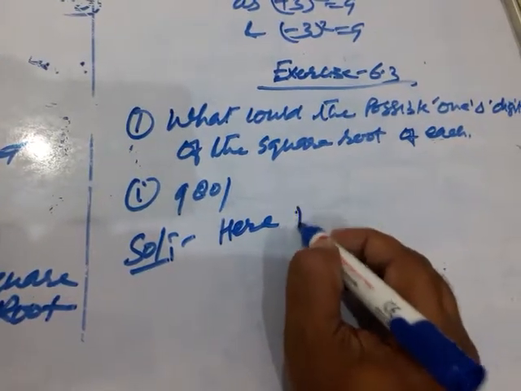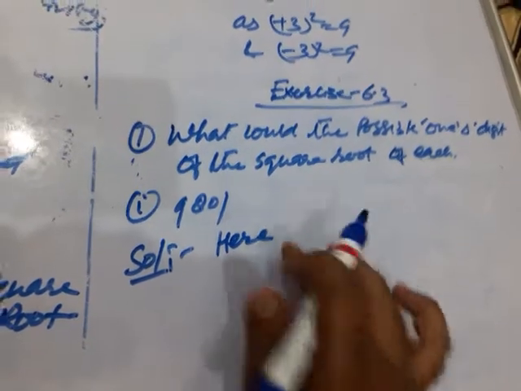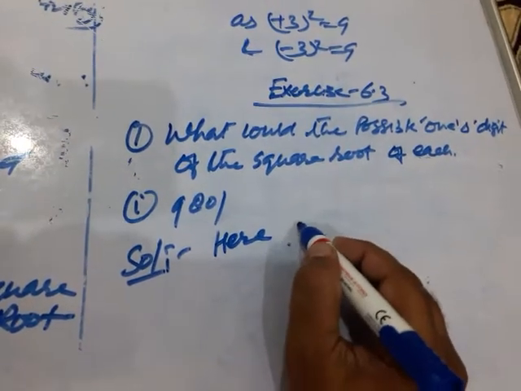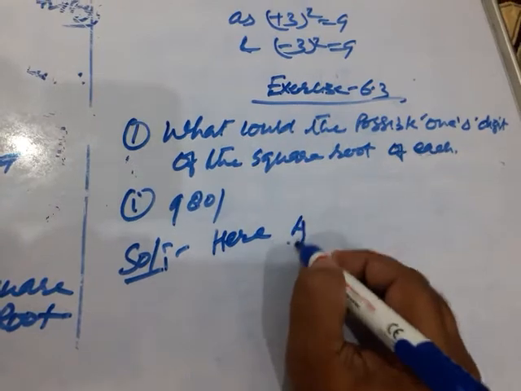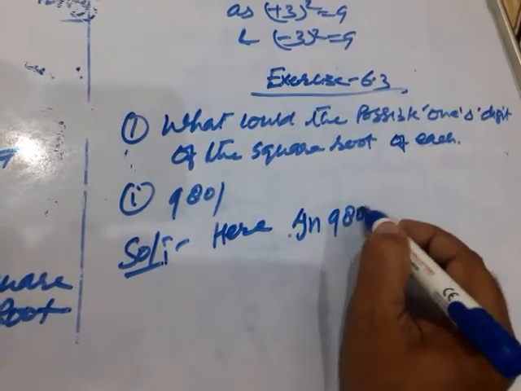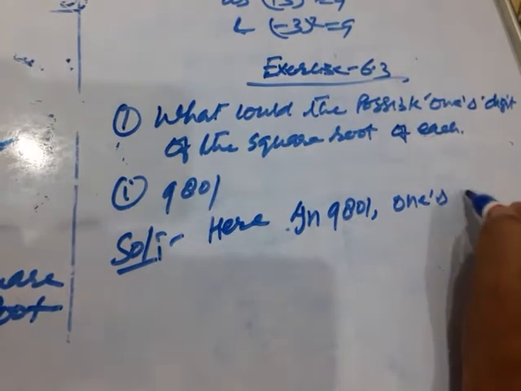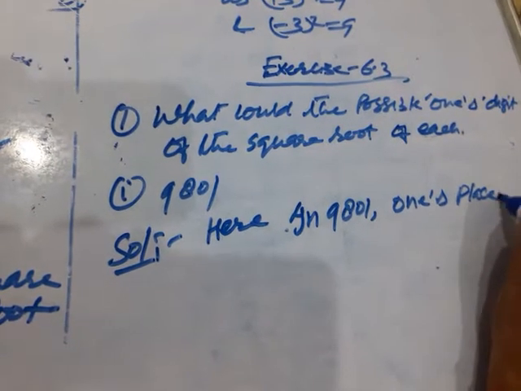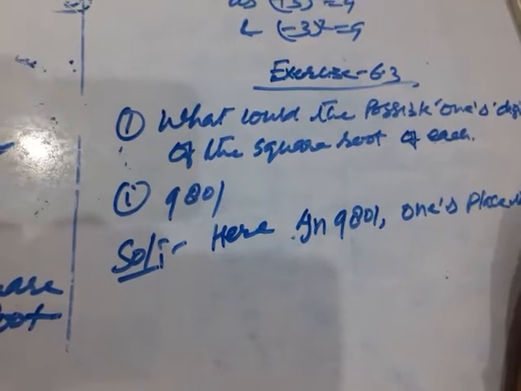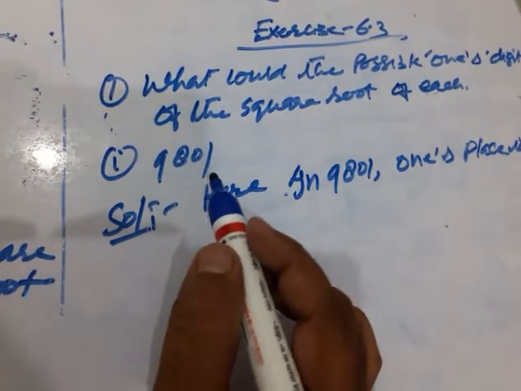In 9801, one's place is 1. Okay children, now we know that.